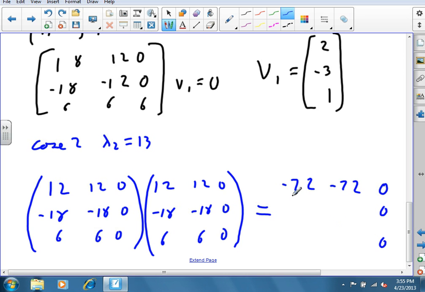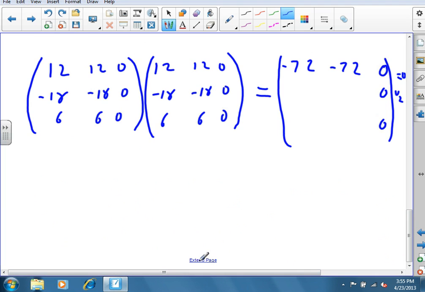Okay, now at this point, it doesn't matter what the rest of this guy is. Now why doesn't it matter? Because I don't want it to. So the square guy times V2 has to be 0.